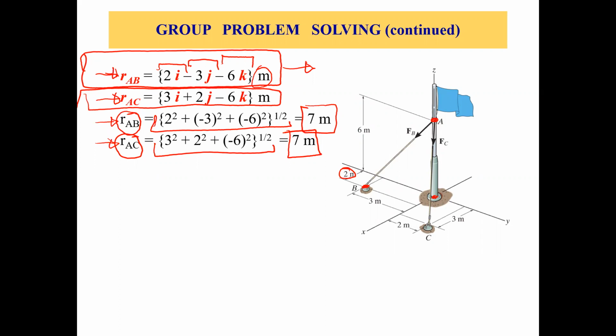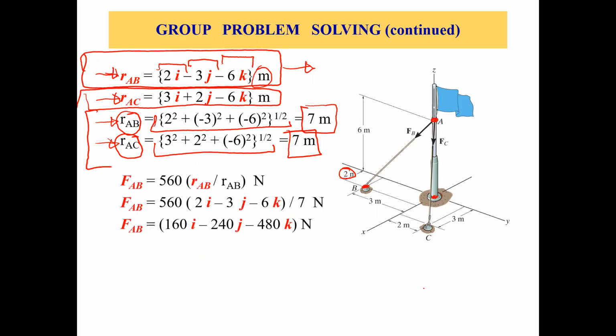Now we have the position vectors and the magnitudes of these position vectors. So now let's move forward and find the force vectors in Cartesian form. First of all, let's find FAB, the force vector along line AB. How do we find it?